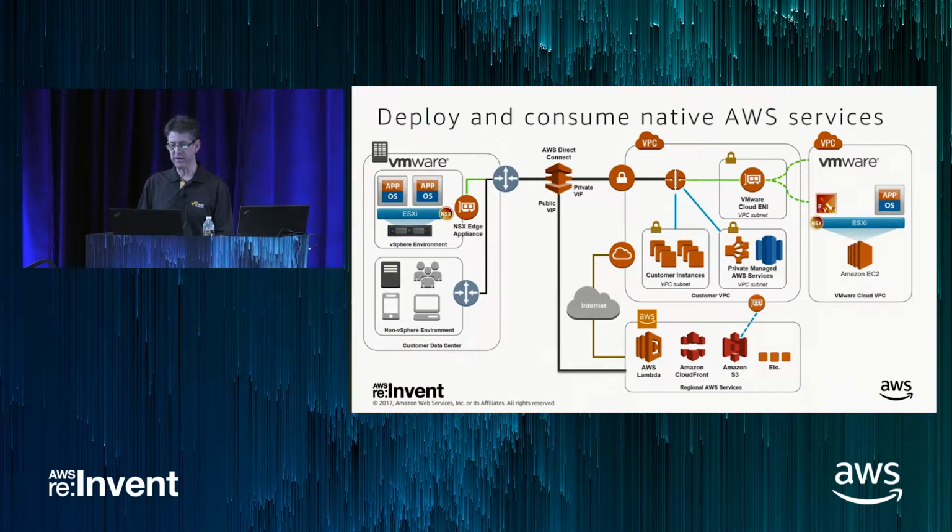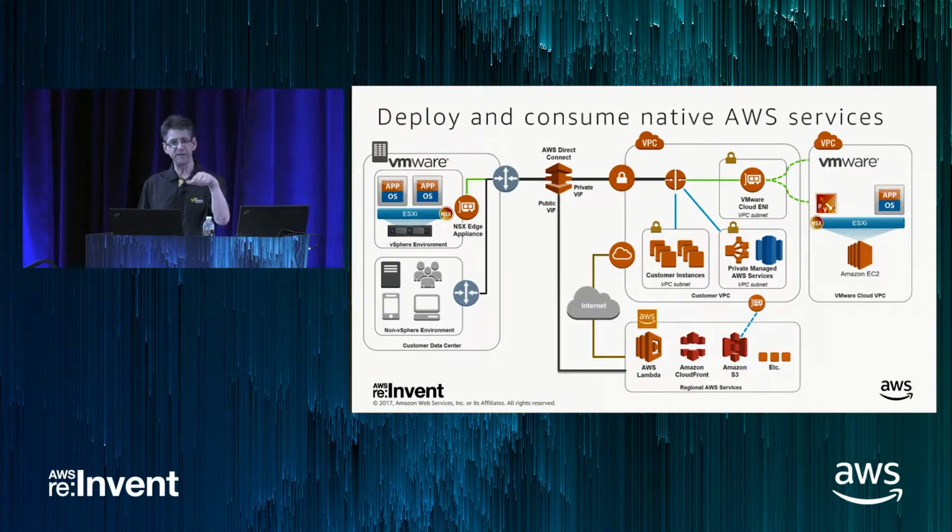And so through Direct Connect, we can create a network connection both to the private side of your VPC and private subnets, as well as the public side of public services that Amazon provides that are in our AWS region. So this is the quick version of what VMware Cloud on AWS looks like.